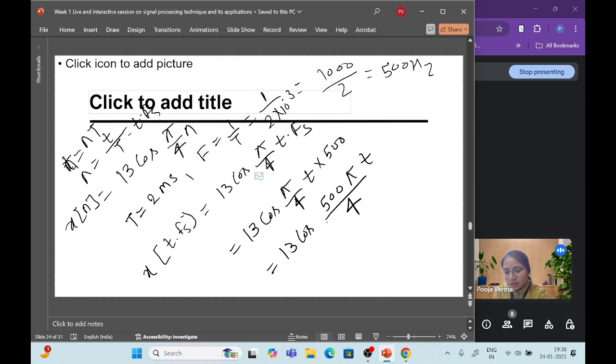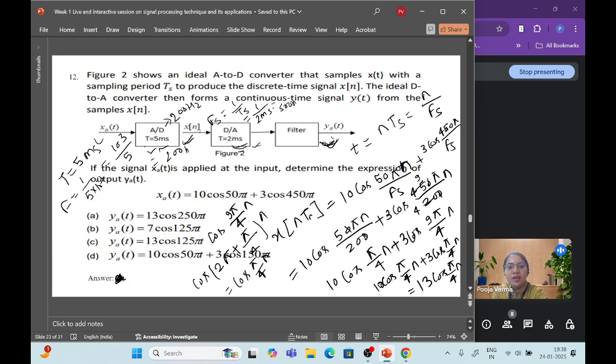Now just divide it. You will get 125. So 13 cos 125 pi T. Again we have got this analog output here, y of t.